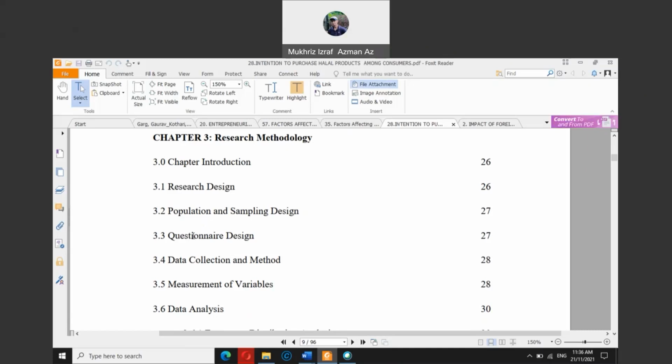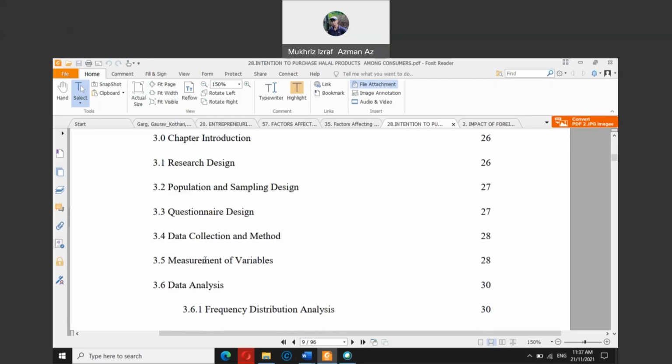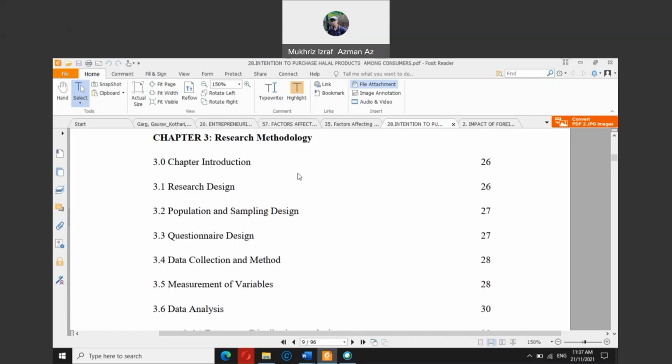A good questionnaire should allow the respondents to answer clearly, and at the end of the day, the analysis that you do will allow you to extract the information to answer your research questions and also your research objectives.